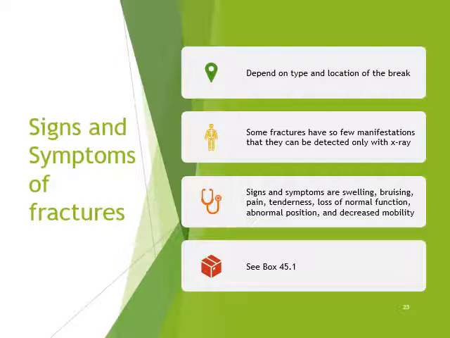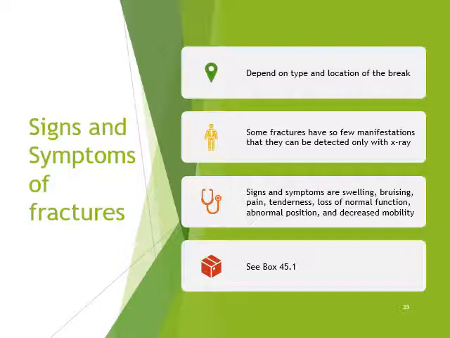Signs and symptoms: swelling, bruising, pain, tenderness, loss of normal function. Abnormal position. Well, if there's an abnormal position after a fall, you know it's probably broken, right? Decreased mobility. So if you'll see box 45.1 on page 883, it says signs and symptoms of fractures and their causes.